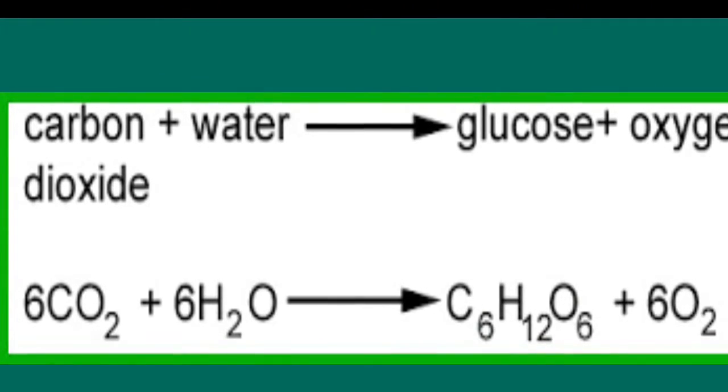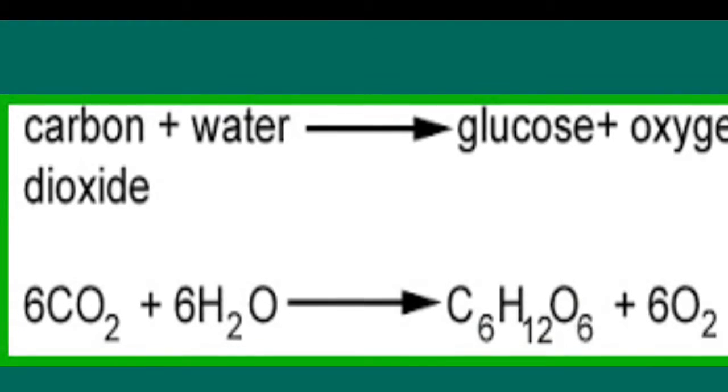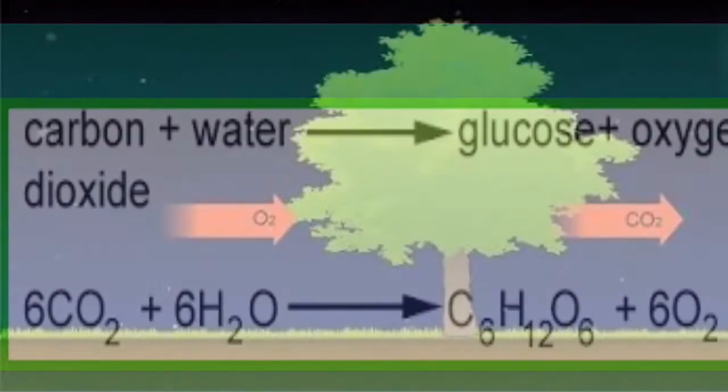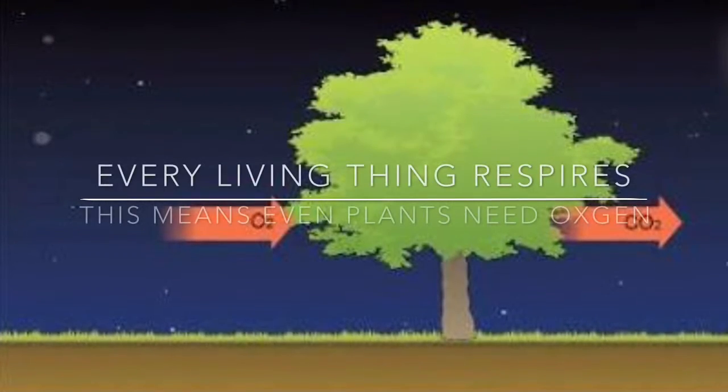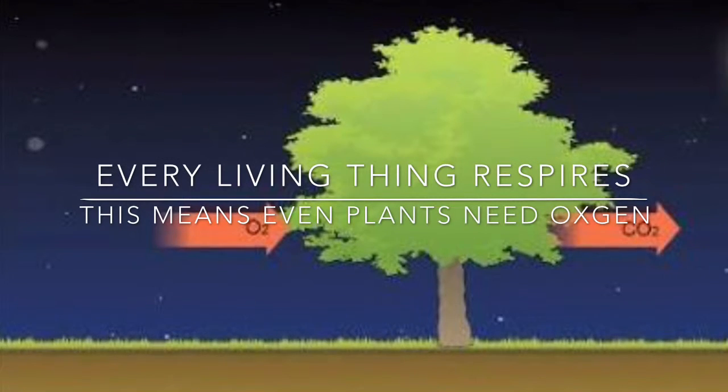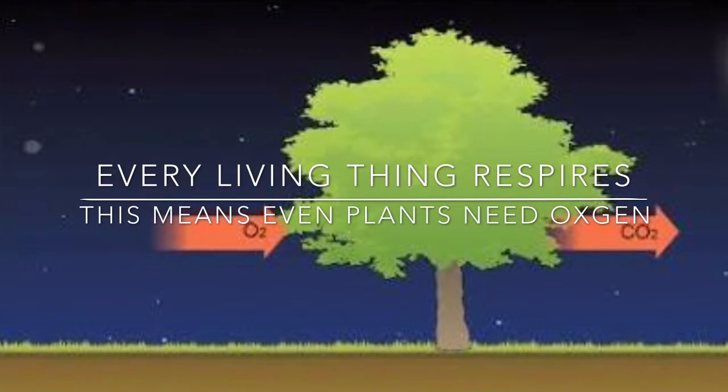However, while glucose has been created, which is the plant's food since they are producers, it hasn't yet been turned into energy. And this is where things get a bit confusing. Another chemical reaction happens in the mitochondria, which is considered the powerhouse of the cell.